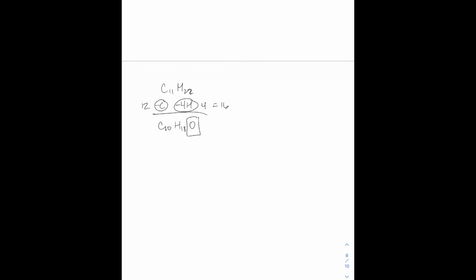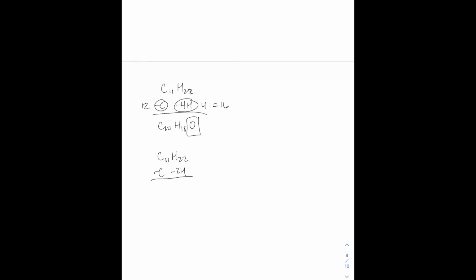And so that's pretty much what you want to do in order to swap out other heteroatoms. So if we wanted to swap out from C11H22 with a nitrogen containing compound, what we can do is, it could be a variety of things, but we could remove 1 carbon and 2 hydrogens, right?